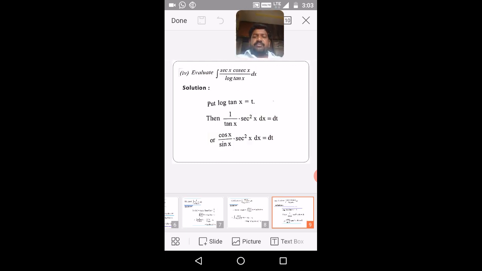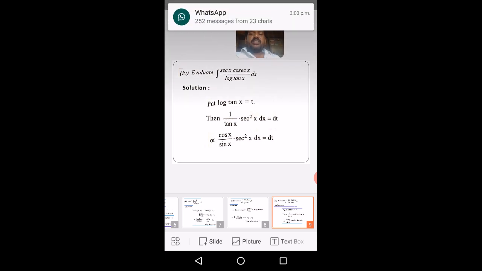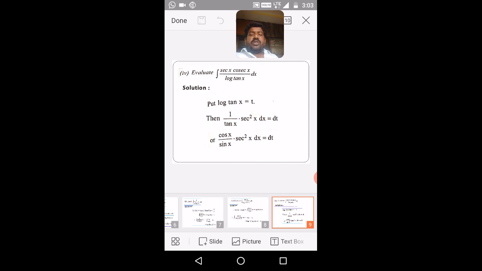Okay, and another question: evaluate the integral of sec x cosec x by log tan x dx. Here the numerator is sec x into cosec x, the denominator is log tan x. By the substitution method also you will find this.